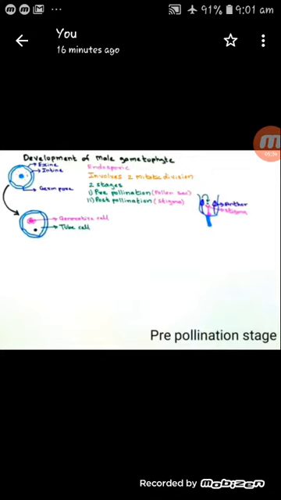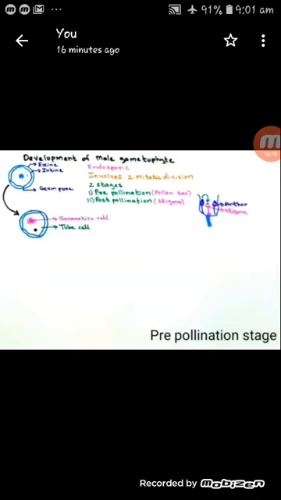Okay. Now let's see the first stage, which is pre-pollination. We know how the pollen grain looks. So pre-pollination means inside the pollen sac, before pollination. What happens? This nucleus gets divided into two. The first one is the generative cell and the second one is the tube cell. The pollen grains divide mitotically to form two unequal cells.